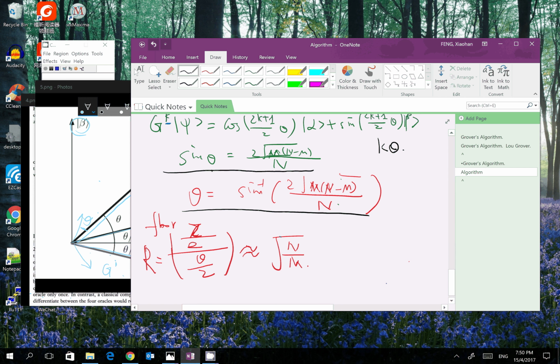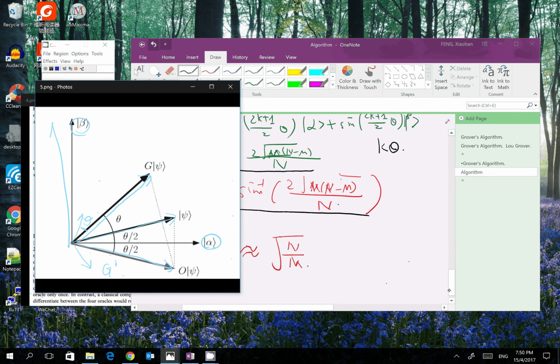We want the output to be as close as possible to beta and not exceed it. We don't want it to be on this side, because this will cause some trouble when measuring the output in a quantum computer.